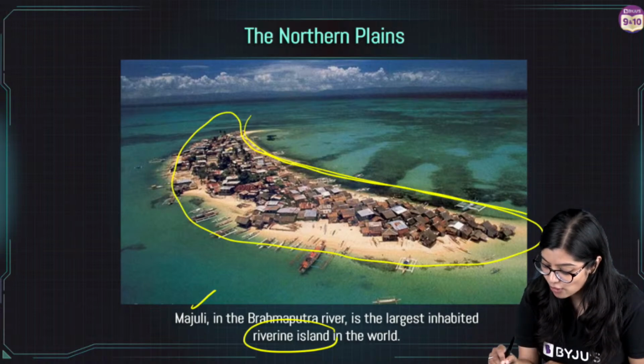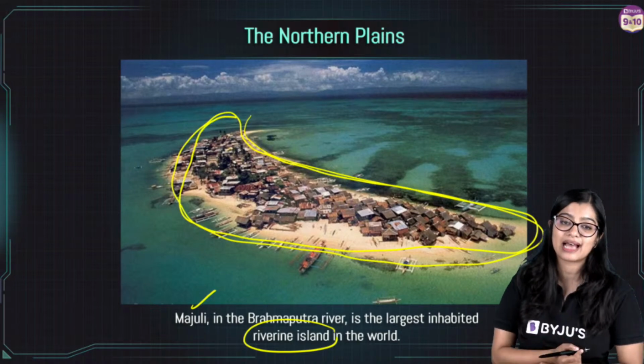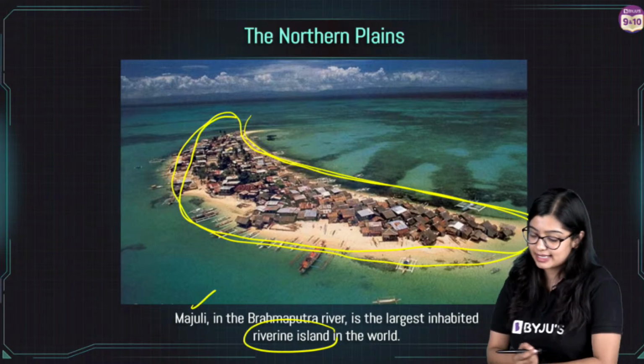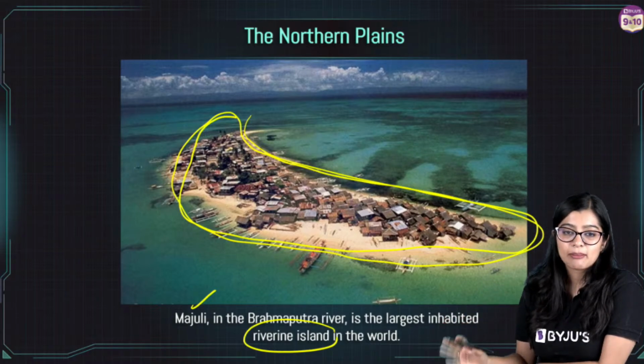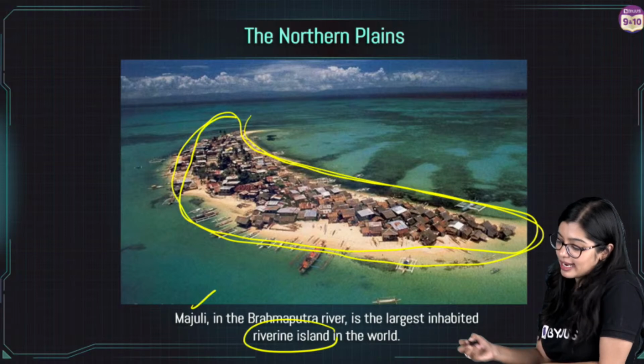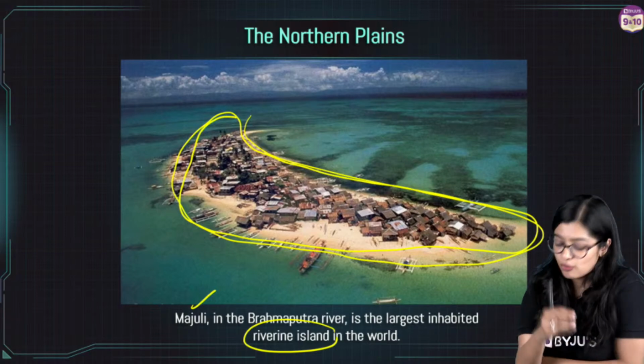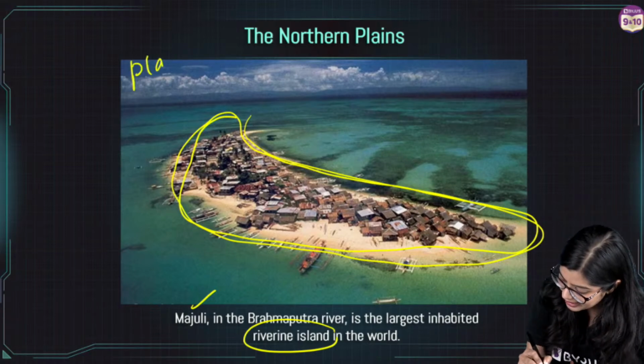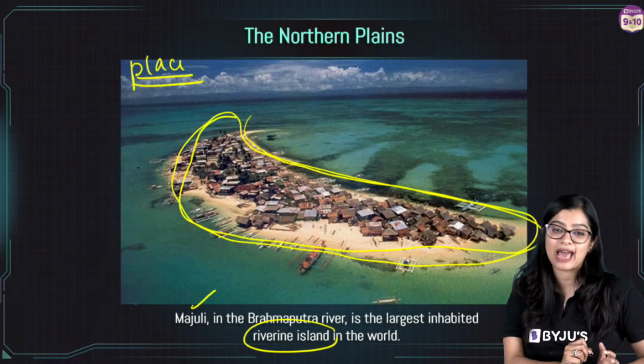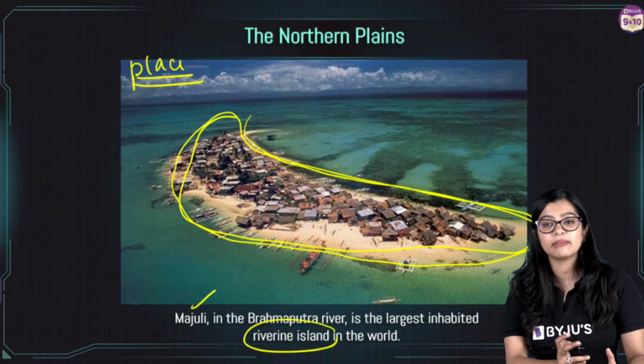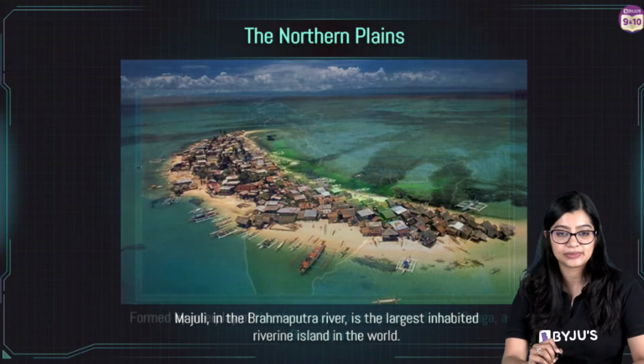So an island that is formed between a river is what we call a riverine island, right? Easy peasy. Ma'am, what is riverine? See, a riverine island is basically a place which is formed between 2 parallel rivers, right? So that is what we mean by a riverine island.